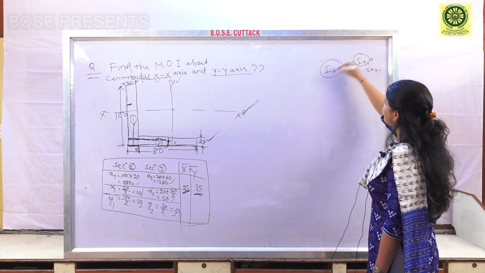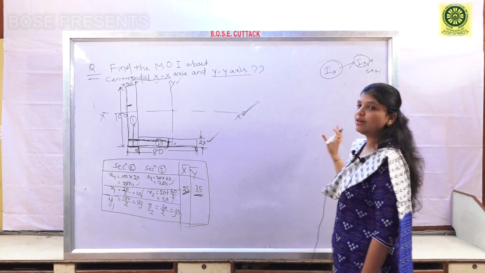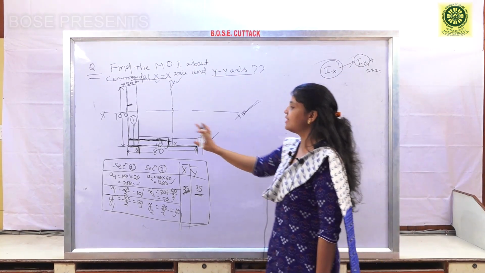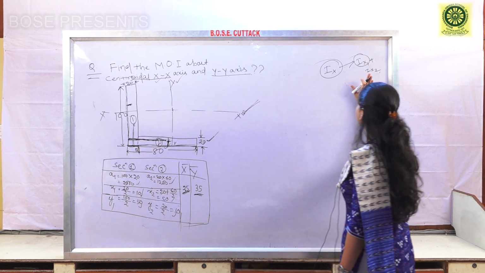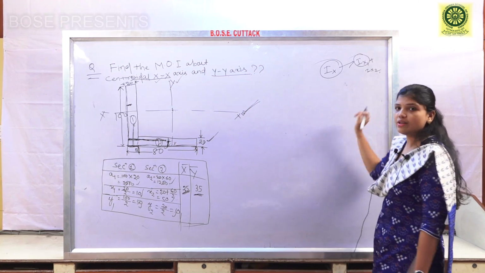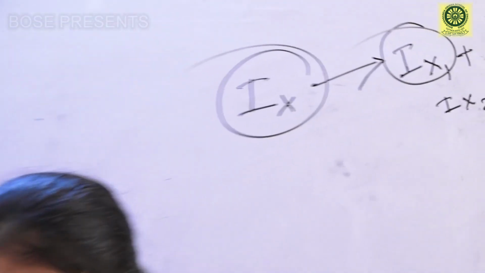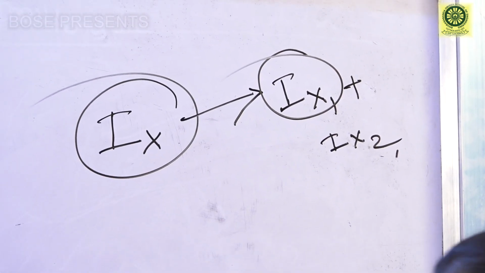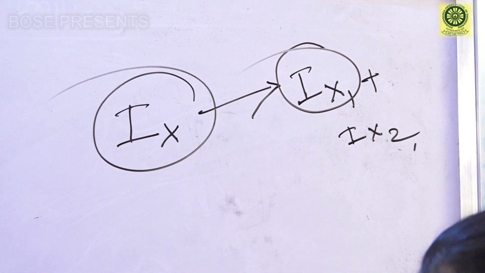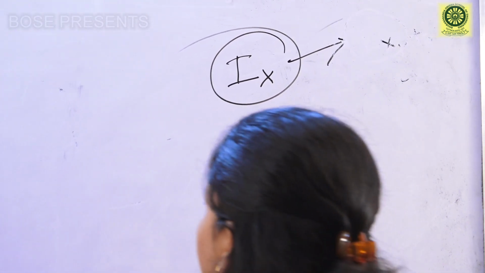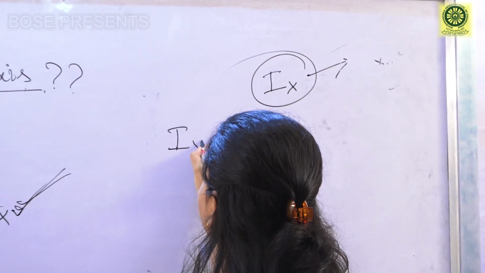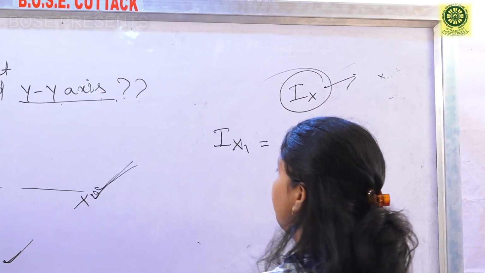What is Ix1? Ix1 is the moment of inertia about the centroidal x-axis for section 1. And what is Ix2? Ix2 is the moment of inertia for section 2 about the centroidal x-axis. Okay, so first of all, see how to find Ix1.